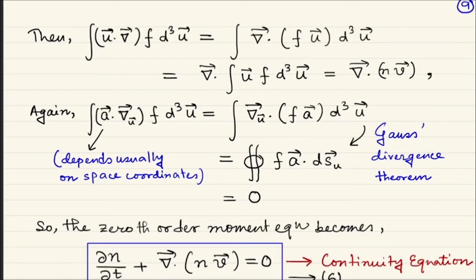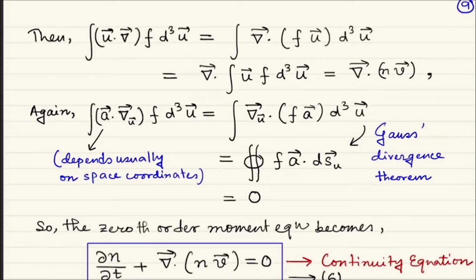So this divergence will come out. And inside you have the integration of uf d cube u. Once again, this divided by n is equal to the angular bracketed u, which we call v. That is the average velocity, or bulk velocity, or fluid velocity, v. Then I can easily say this thing is equal to n times v. So this is nothing but the divergence of nv.